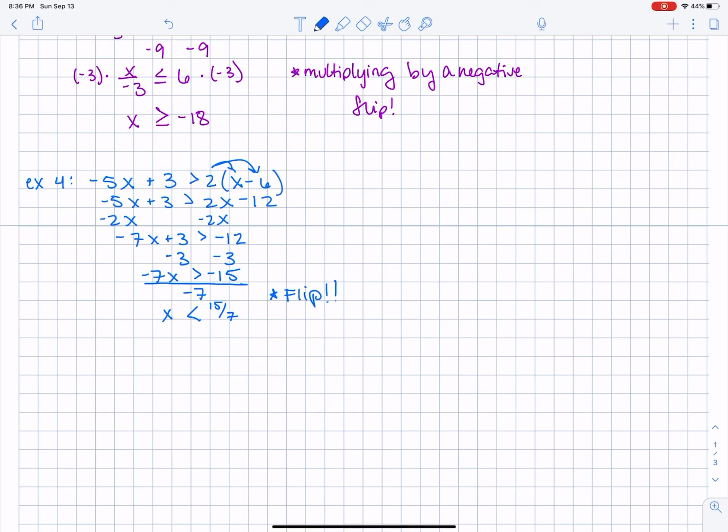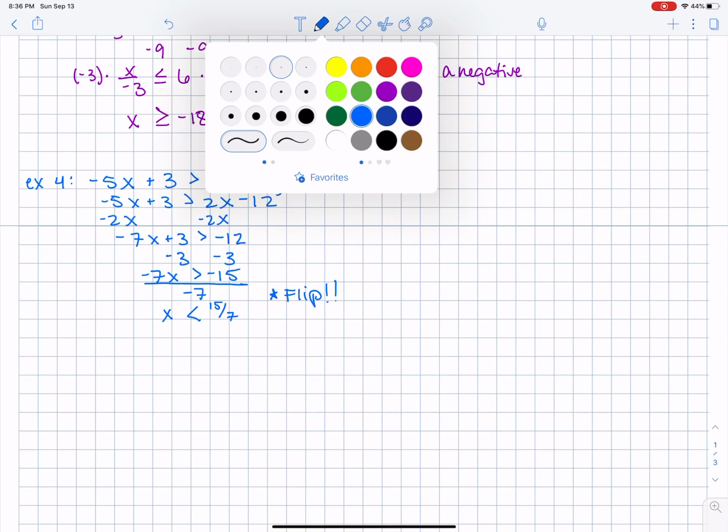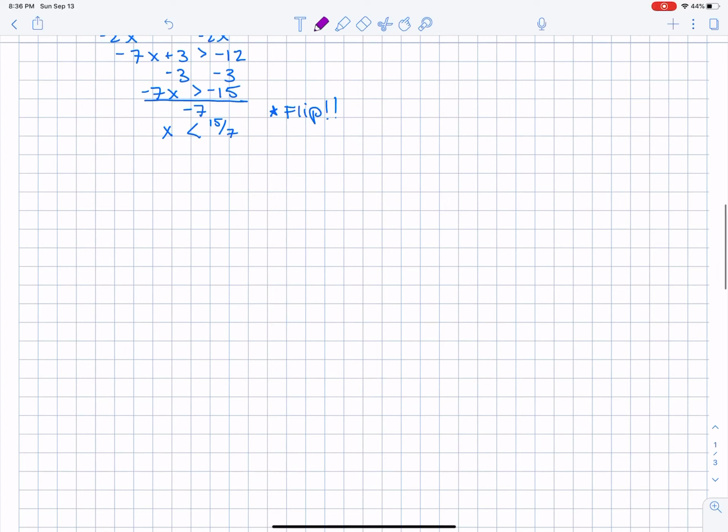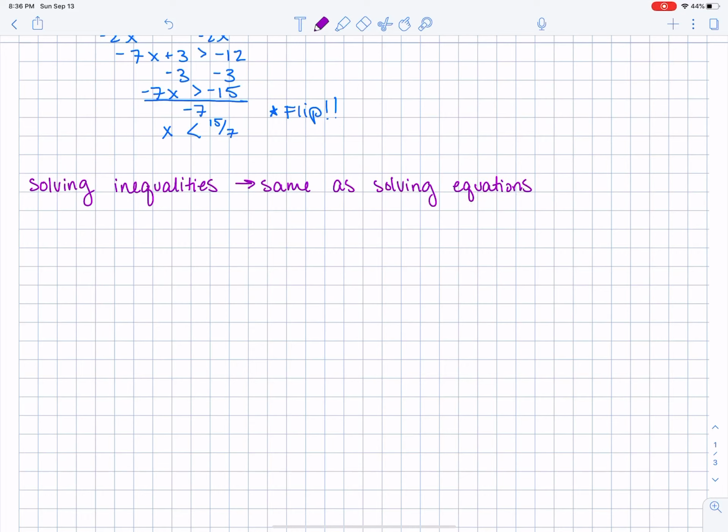So just like I said before, we're now going to go over our steps and things that we want to be careful of. I'm going to do purple for this one. So first things when solving inequalities. The first thing to notice is that it's the same as solving equations, except for these few things.